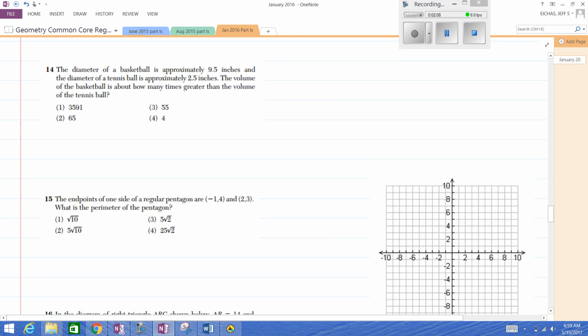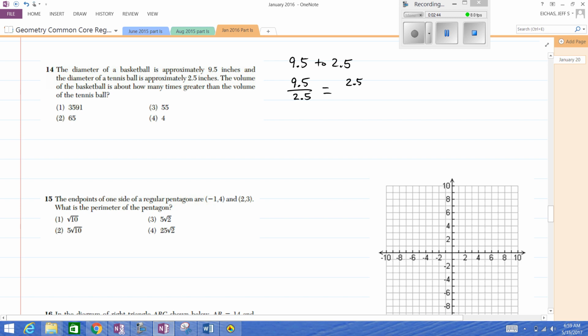All right, tricky problem to manage here. What I did with this one is the ratio of the diameters is 9.5 to 2.5. So I played around with some different ideas. What I ultimately came to was I tried to start out as a fraction, and I went ahead and divided this, and it actually does work.